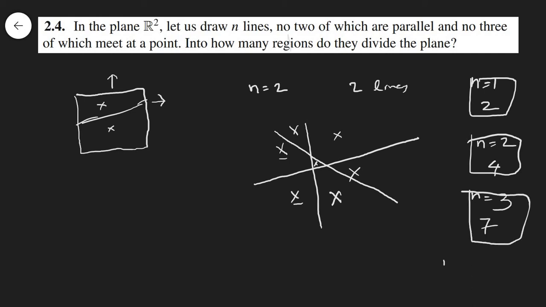So what happens for an arbitrary n, how many regions do they divide the plane into? So that is the question. To solve this question, let's define a function f.